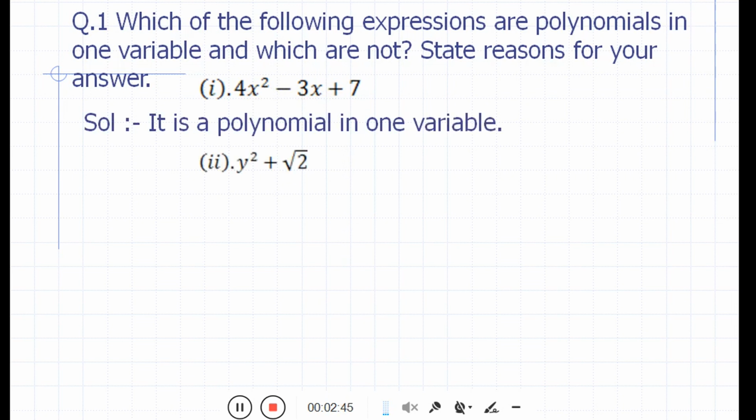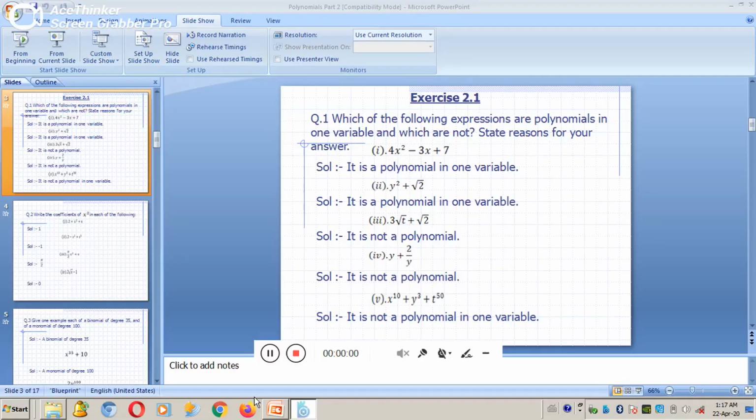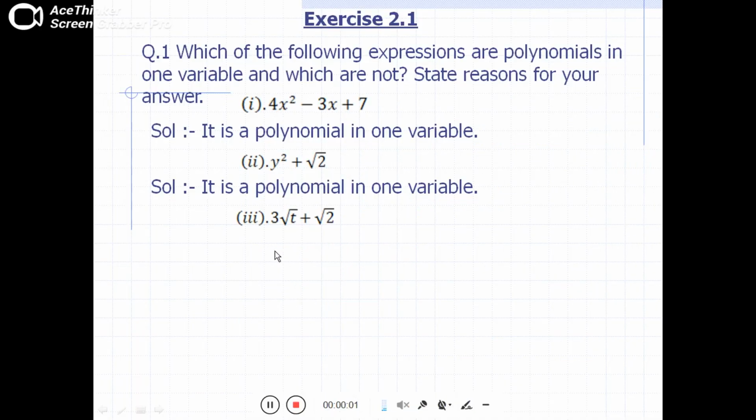See the second, y square plus root 2. In this the variable is only y, meaning it is in one variable, and the power of this is 2. So this is also a polynomial in one variable. Let us see the third part of this question. In third it is given 3 root t plus root 2.